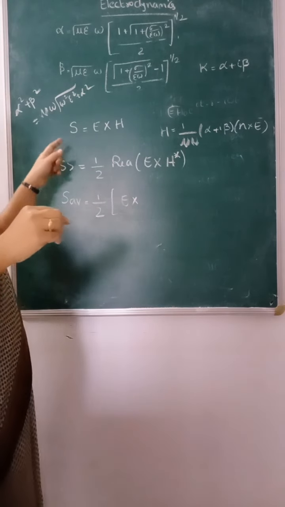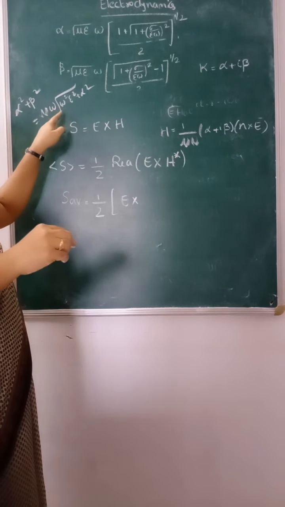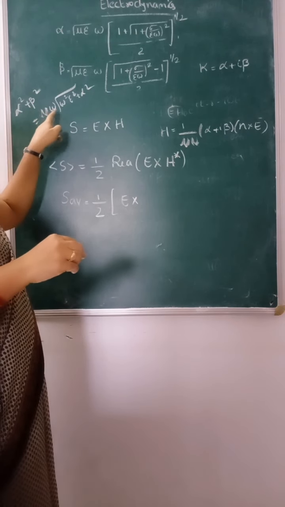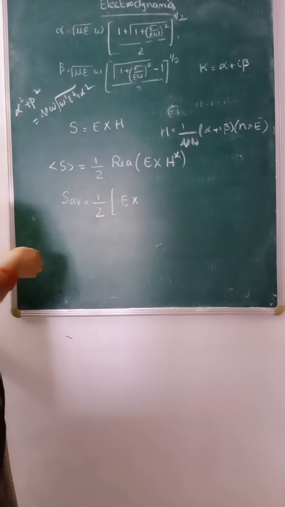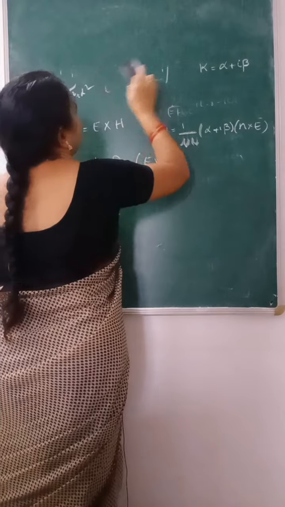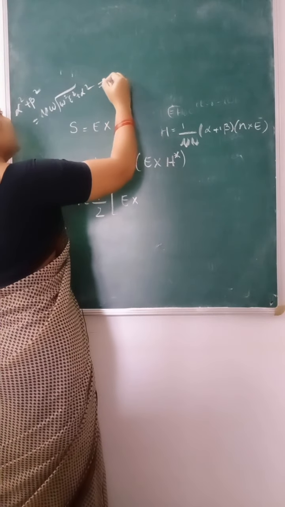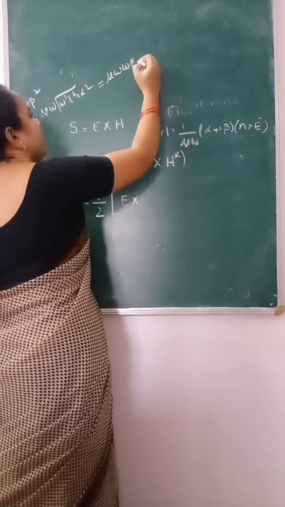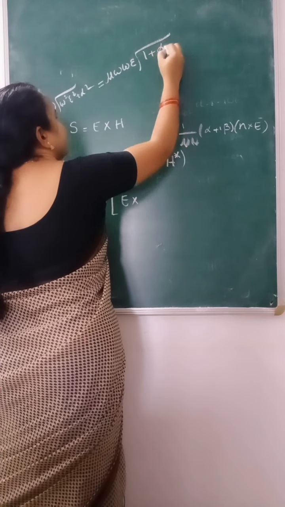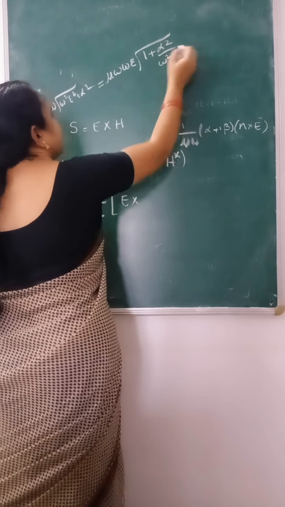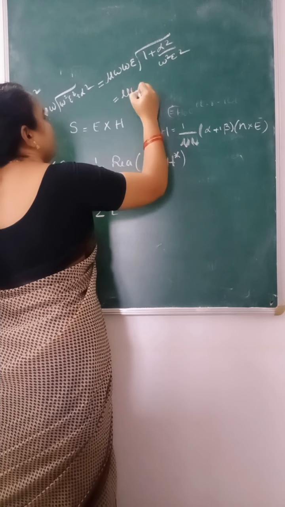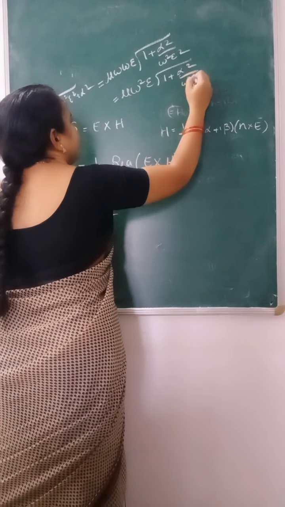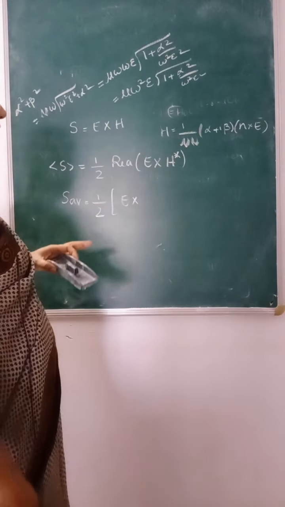So the root of alpha square plus beta square is equal to mu omega root of omega square epsilon square plus sigma square. Then if we take epsilon square omega square outside, we get mu omega square epsilon root of 1 plus sigma square by omega square epsilon square. This is alpha square plus beta square.